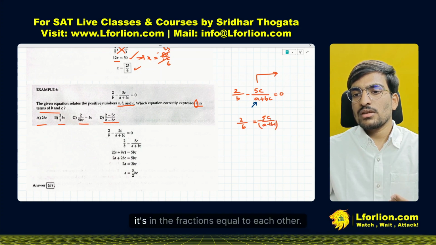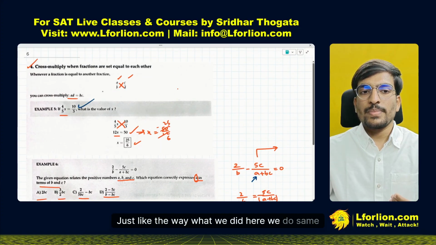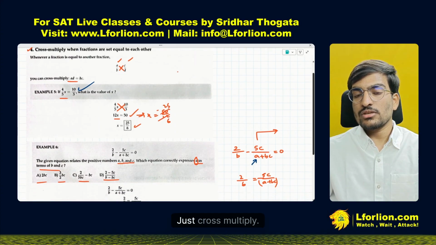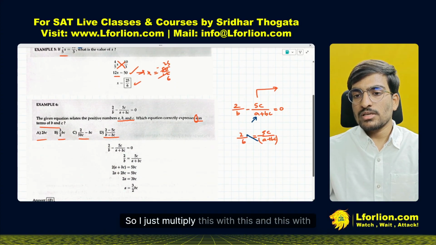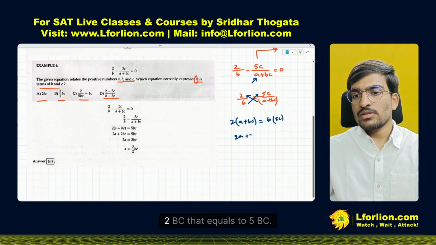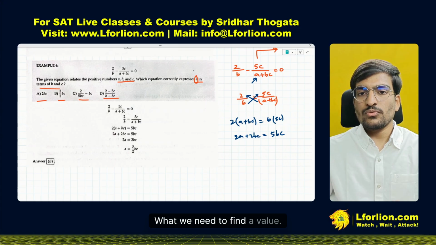Now it's fractions equal to each other, just like what we did here. We do the same. When fractions are set equal to each other, just cross multiply. So I multiply this with this and this with this. 2 into a plus bc equals b into 5c. So I'm going to get 2a plus 2bc equals 5bc. What do we need to find? The a value.